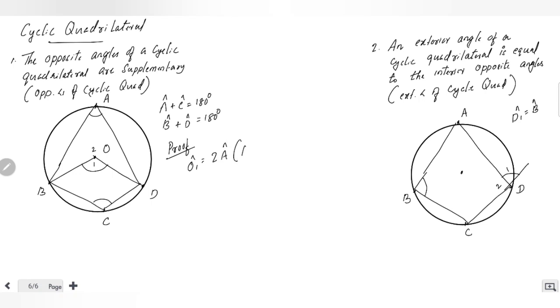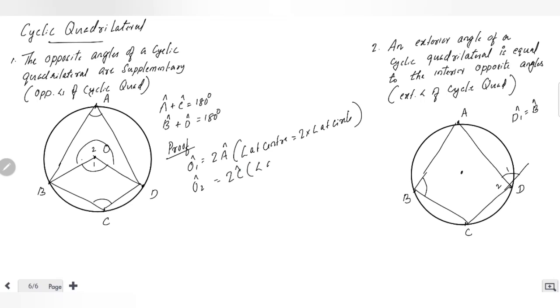Here the reason is angle at center is equal to 2 times angle at circle. Is it clear? Similarly, O2, that is this one, O2 is equal to 2 times C. Is it clear?